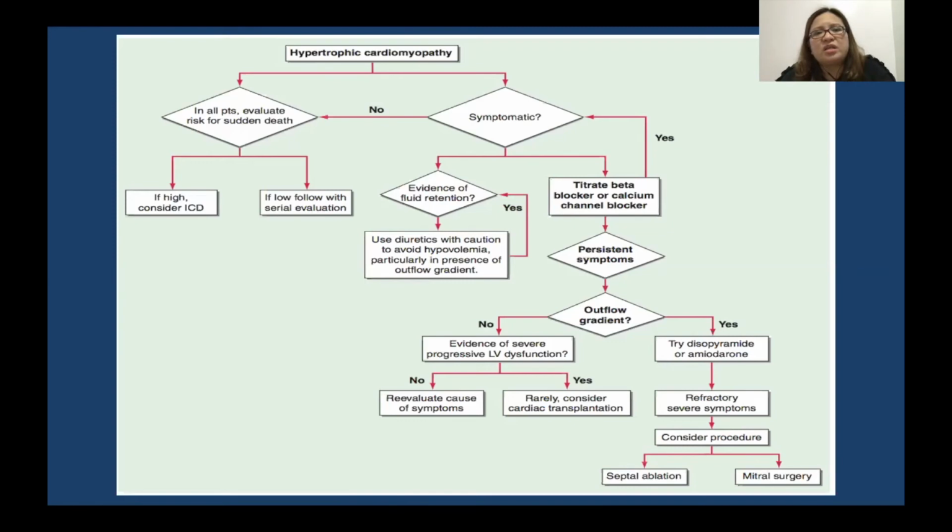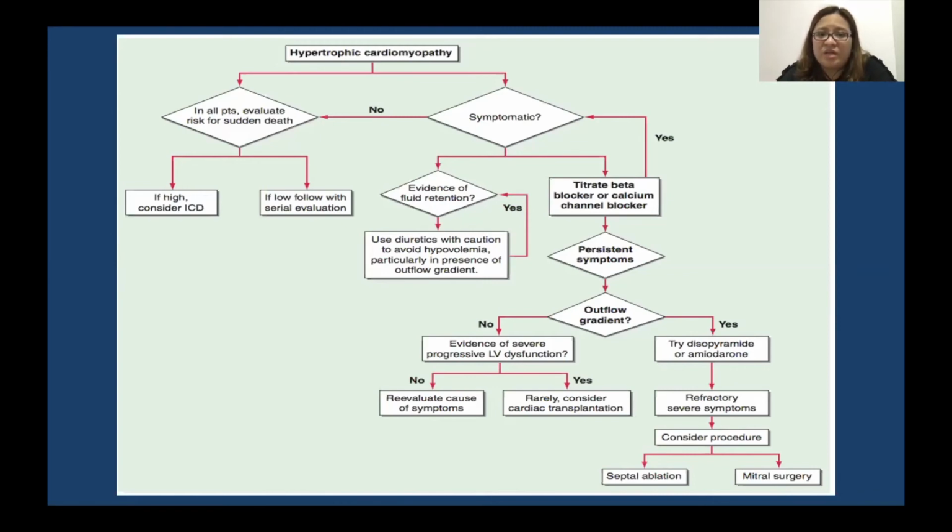If the patient is symptomatic, you can titrate beta blockers or calcium channel blockers. And if the symptoms are persistent, you check for the outflow gradient. If it's not significant, you can reevaluate the cause of symptoms if there is no evidence of severe progressive LV dysfunction.